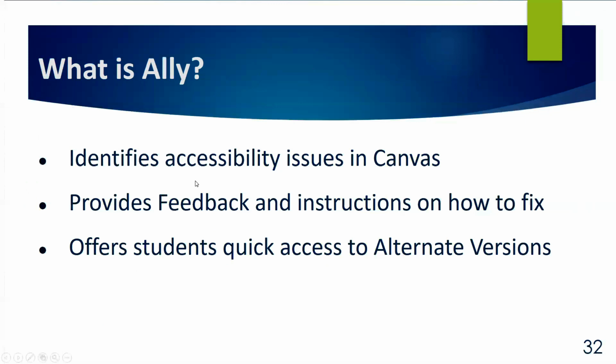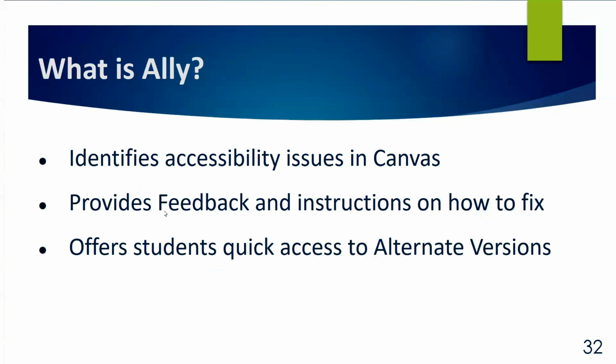But Ally also, besides flagging content, and right now it's only flagging uploaded content for faculty view, so that's files, images, PowerPoints, anything you've uploaded into Canvas, it can flag for you. Along with that flagging is feedback on how accessible it is.